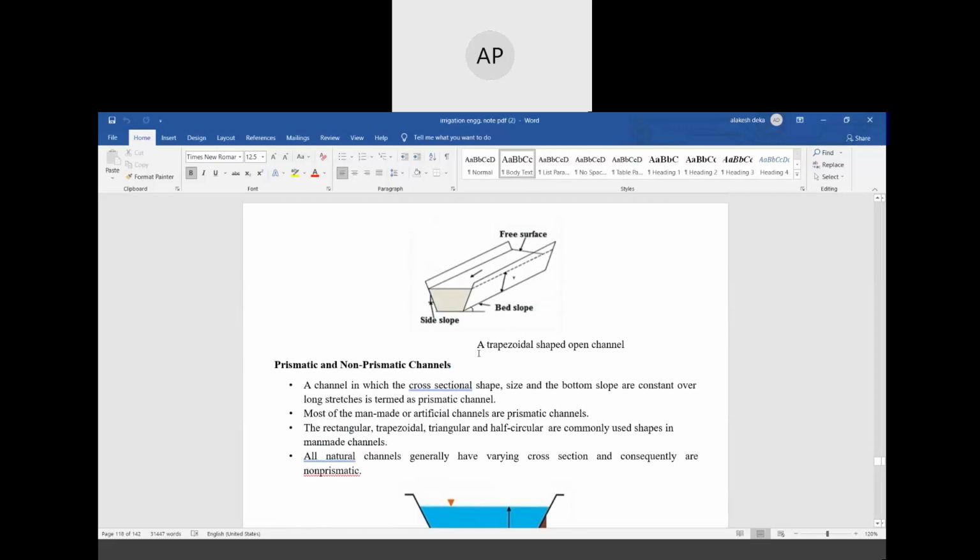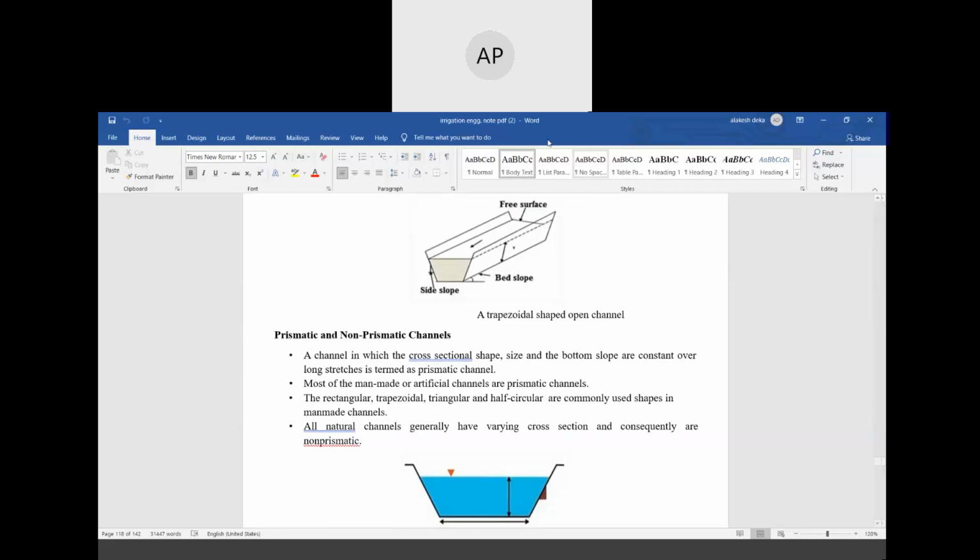And prismatic and non-prismatic channels. A channel in which the cross-sectional shape, size, and bottom slope are constant over the length of the channel is called a prismatic channel. Most of the man-made or artificial channels are prismatic channels.